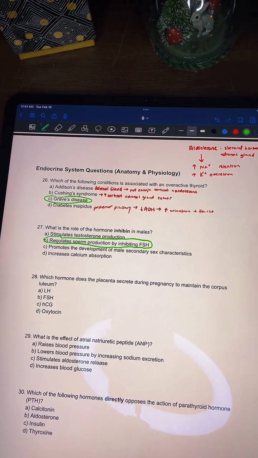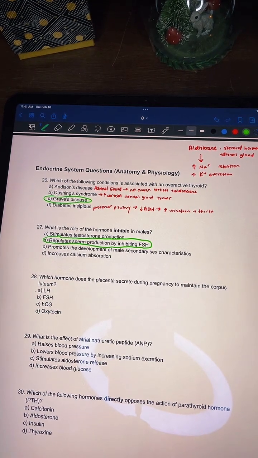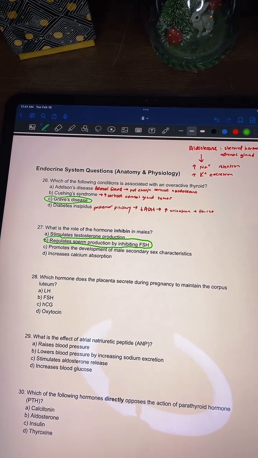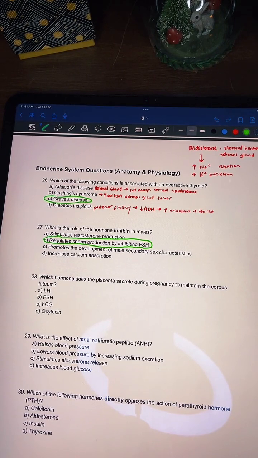Which hormone does the placenta secrete during pregnancy to maintain the corpus luteum? I'll give you guys a couple seconds to answer that one.